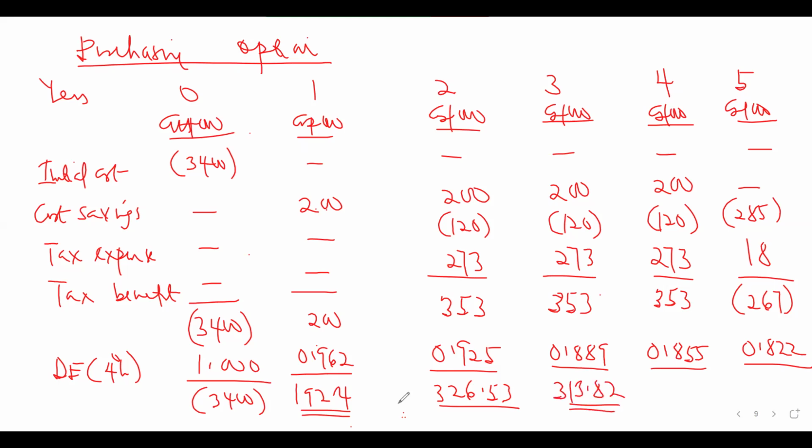Let's go to the fourth year: 353 multiplied by 0.855 gives 301.82. Then 267 multiplied by 0.822, I'm having negative 219.47.